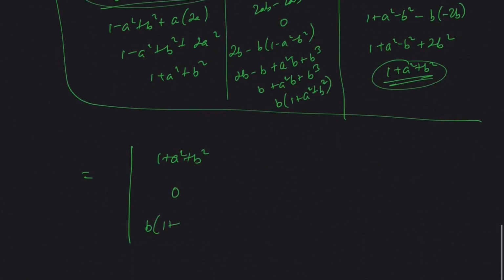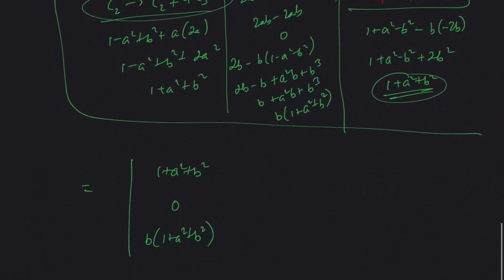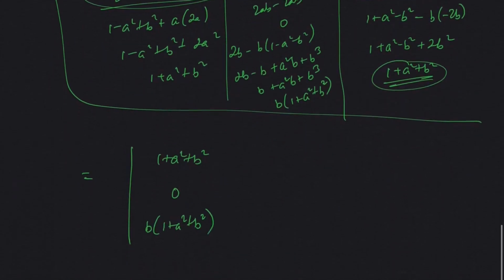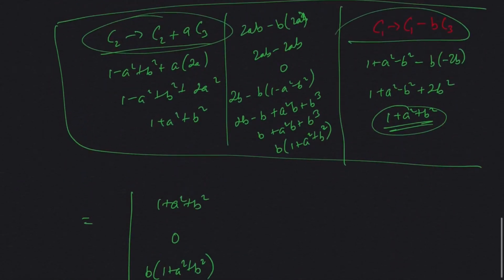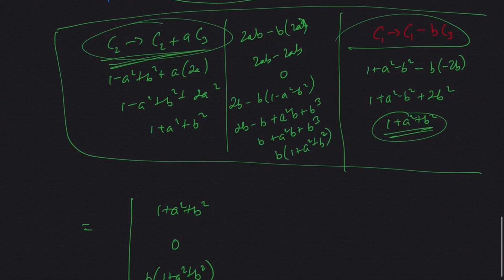So b into 1 plus a square plus b square. Okay, now column 2, the next operation, that was about this one. Column 2 plus a times column 3, so that will be 0. The other values also please calculate. You will get these values, minus a, 1 plus a square plus b square.